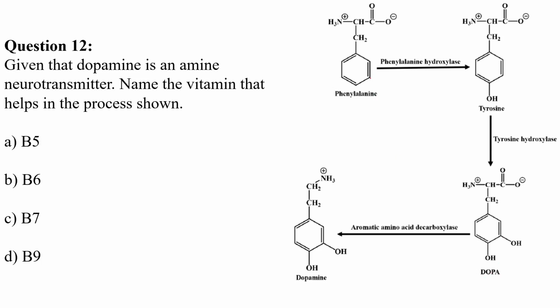You see this has 2 OH and this is called dihydroxyphenylalanine, and this dopa is now converted to dopamine, where CO2 is removed from dopa and we have a structure called dopamine, which is actually an amine neurotransmitter. Okay. So there is a vitamin that is involved in this whole process. We have to name the vitamin. We have the options vitamin B5, B6, B7, B9. What would be the correct answer here?